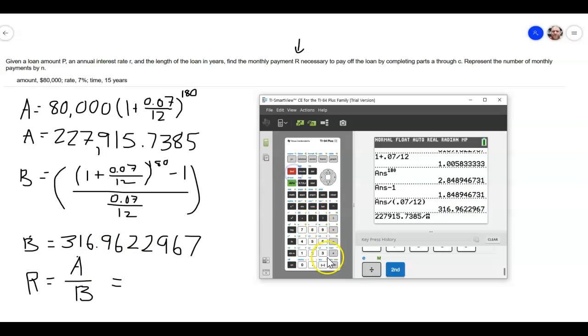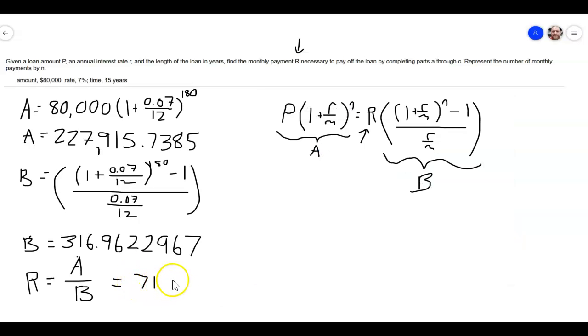So I can just do second answer. That'll pull up my last answer. And I get 719.06. And that, my friends, is my final answer.